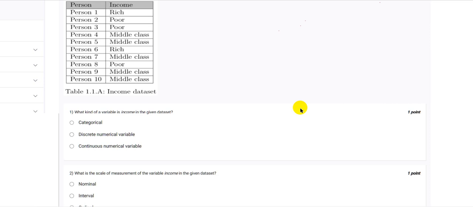So it does not have any numeric property, so arithmetic operations cannot be performed on it, and it has a definite order, like poor, middle class, then rich. So it is a categorical variable, right? Not numerical, no numeric property here. So it is a categorical variable. This is our right option. Next question.